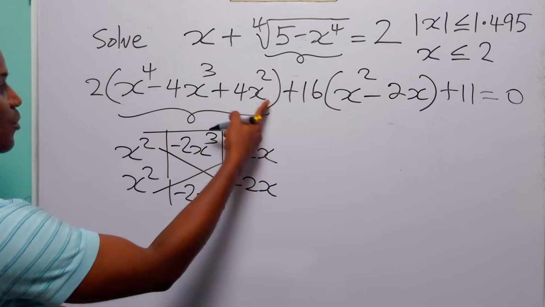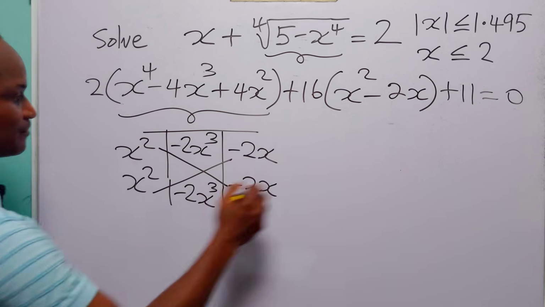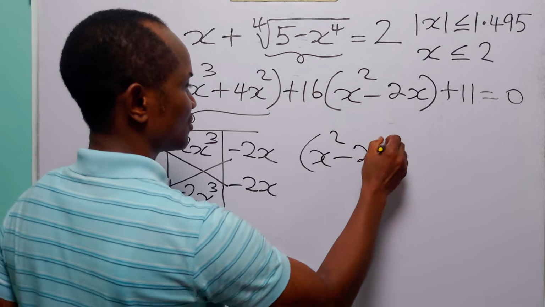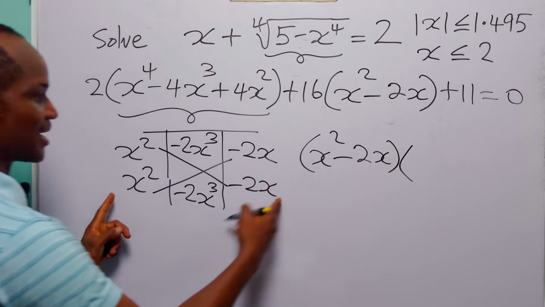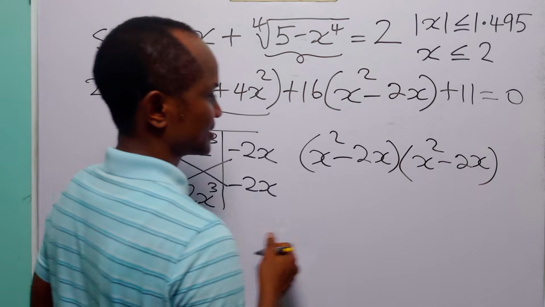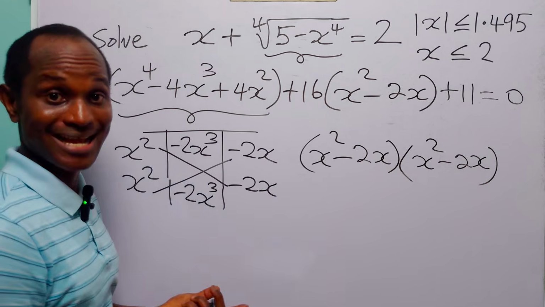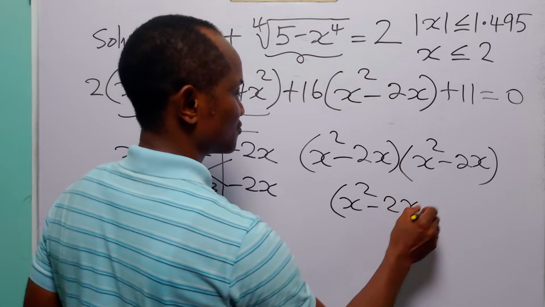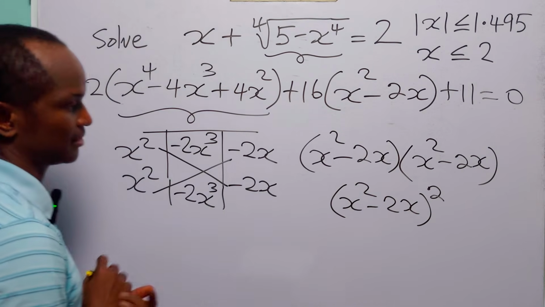So that means that when we factorize this, we have x squared minus 2x multiplied by x squared minus 2x. This and this are exactly the same thing. So we can write this as x squared minus 2x, all squared.